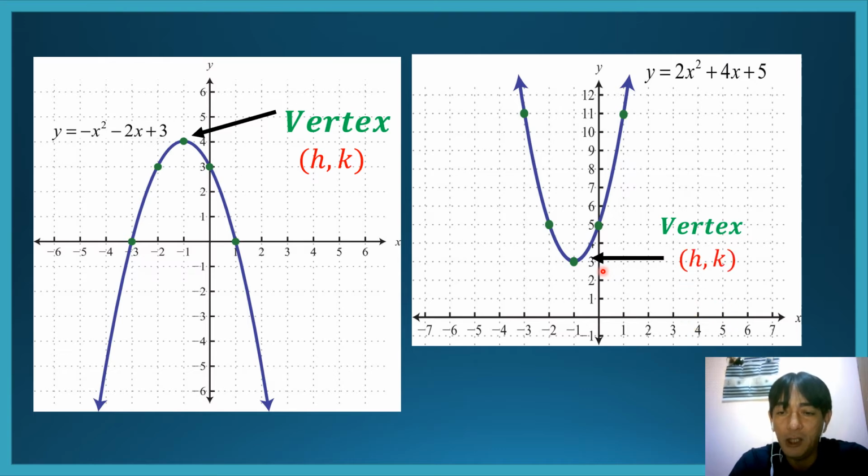Ganun pa rin ang coordinates niya, h, k. So, tandaan, kapag a mo is greater than 0 or positive, ang graph mo will be opening upward and your vertex is at the lowest point. In this graph, negative 1 ang h, and then ang k natin will be 3. So, ayan.